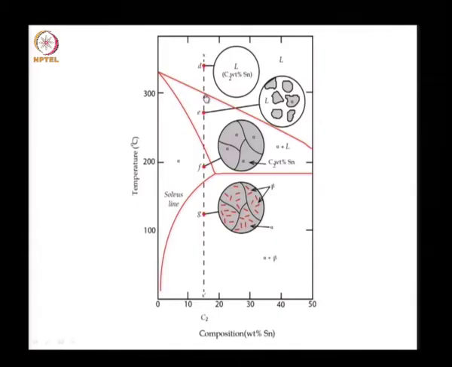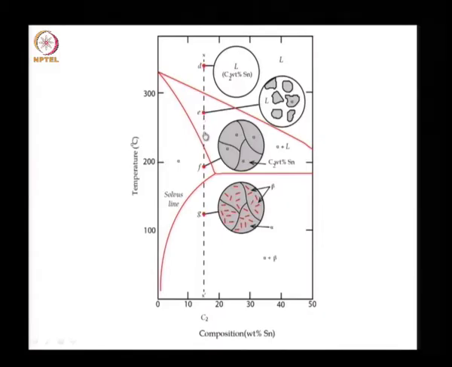We now cross the liquidus line and go into the two phase region of alpha plus L. Alpha starts crystallizing, nucleation and crystallization start to occur, and we have now a material which is partially liquid and partially solid at this point E, and we will have to use the same concept of tie line to find out what is the composition of the liquid phase and the solid phase.